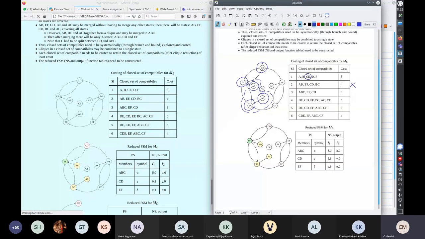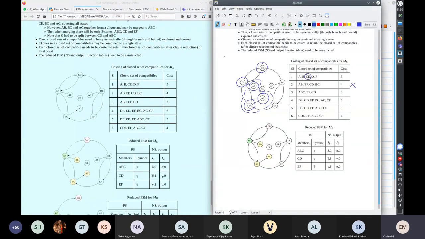So in fact, the closed set of compatibles you have here is ABC, and then EF, and then CD. So this is what you should have. This line is not correct. When you take this, this is what you get. These have a cost of 3, as you can see.